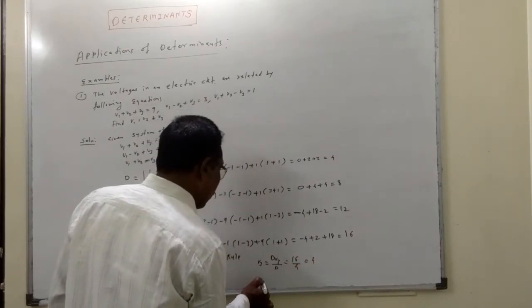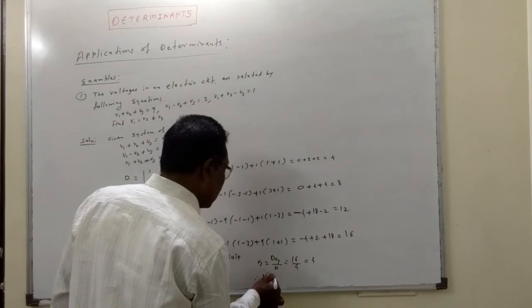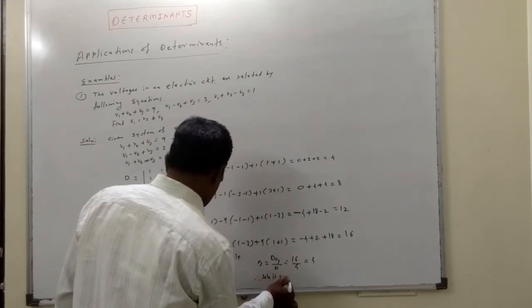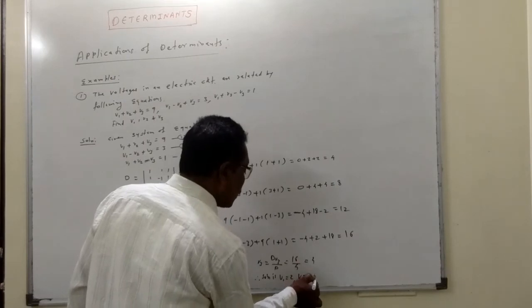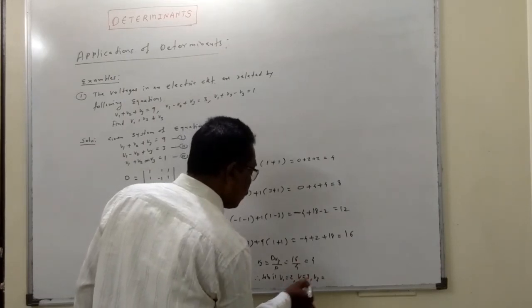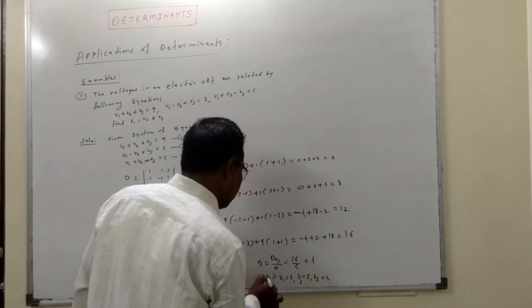So therefore the solution is v1 is equal to 2, v2 is equal to 3, v3 is equal to 4.